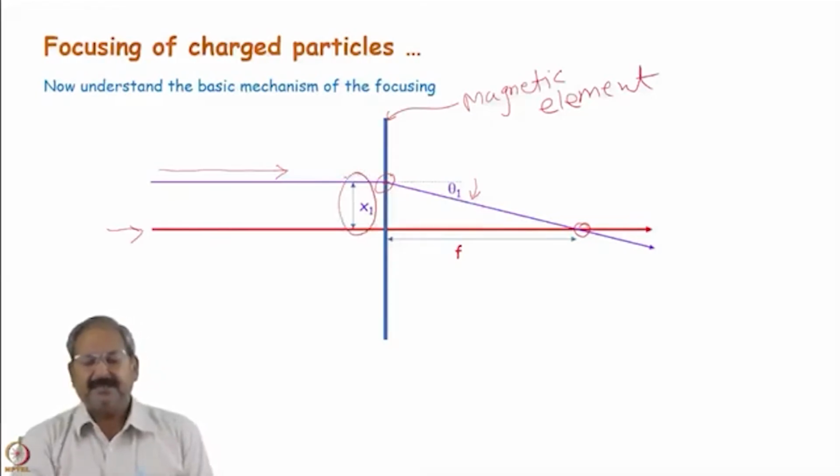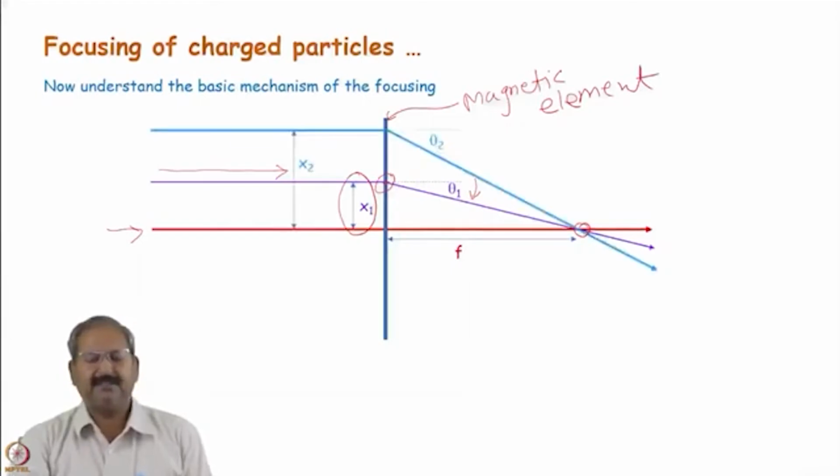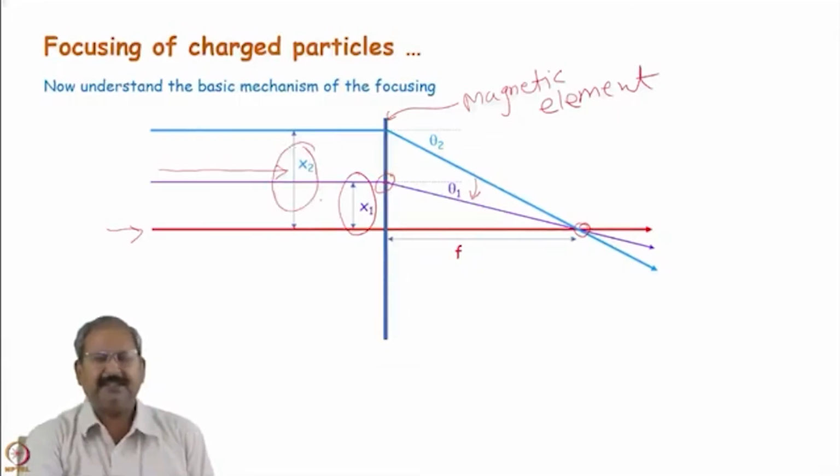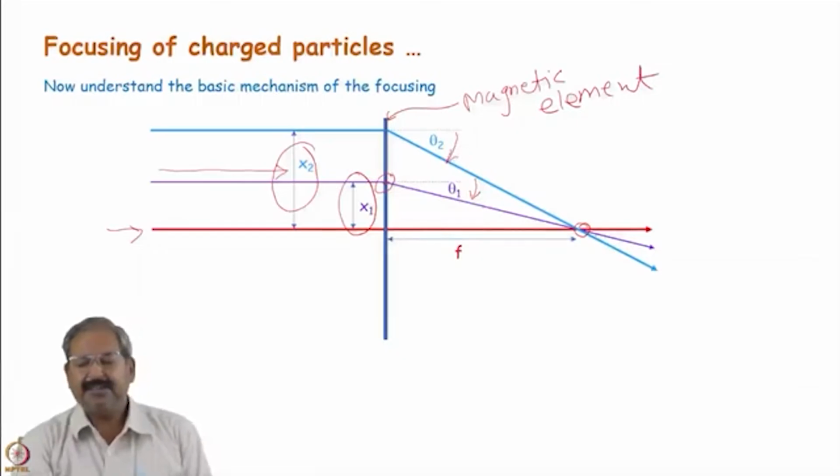If this happens for all the trajectories, then we say this magnetic element is capable of focusing the charged particle rays. So we draw another trajectory which has a larger deviation x2 than the previous trajectory. Then it has a larger bending angle to reach the same focus point.